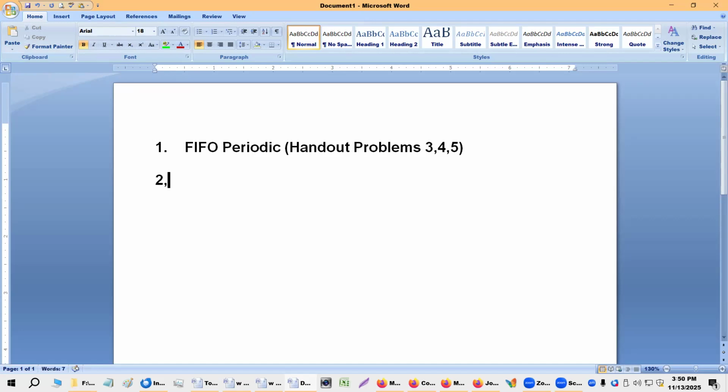2, average cost. Wait, I think we did LIFO second. LIFO periodic. And now problems 6, 7, 8. Oops.